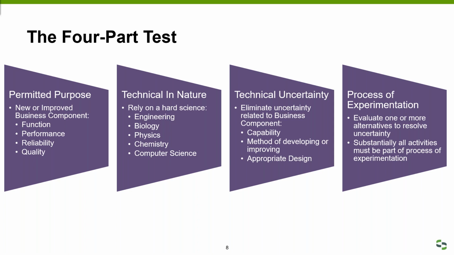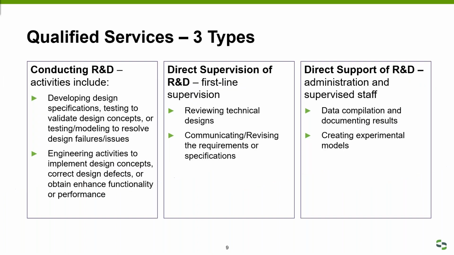And so when you think about the qualified services and the types of qualified services, next slide, please. You need to think in regards to what am I doing in conducting the R&D? Well, who are the people that are directly supervising the R&D?